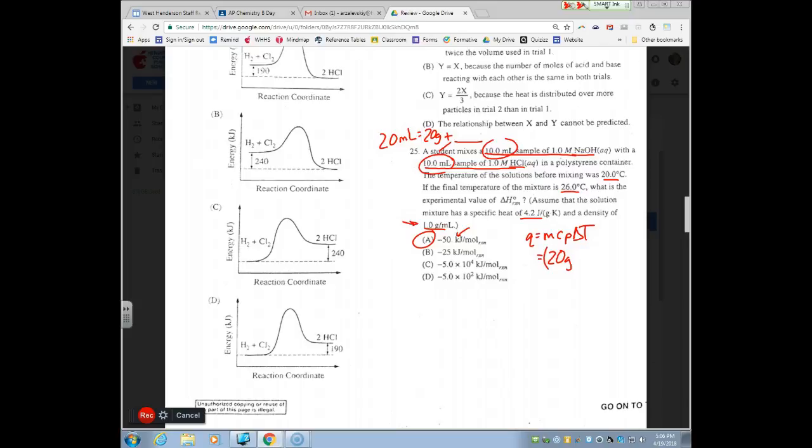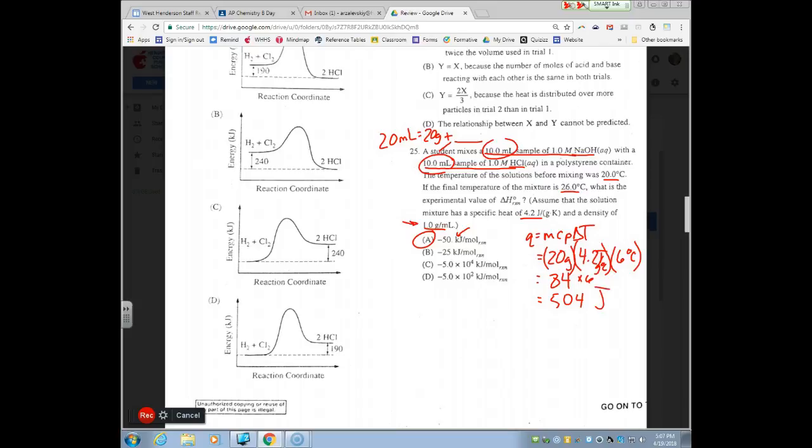So 20 grams times specific heat 4.2 joules per gram degrees C, and then my delta T is going to be 6 degrees C. So doing some mental math, that'll be 84 times 6, and so that's going to end up being 504.